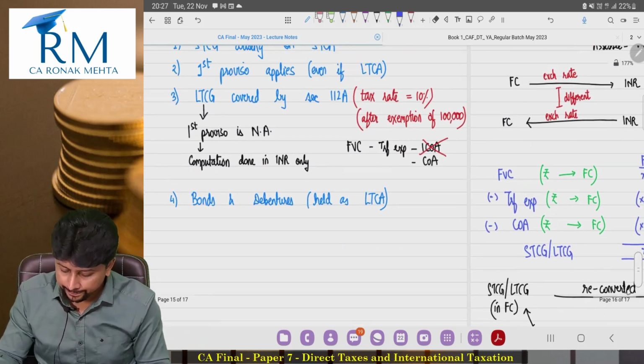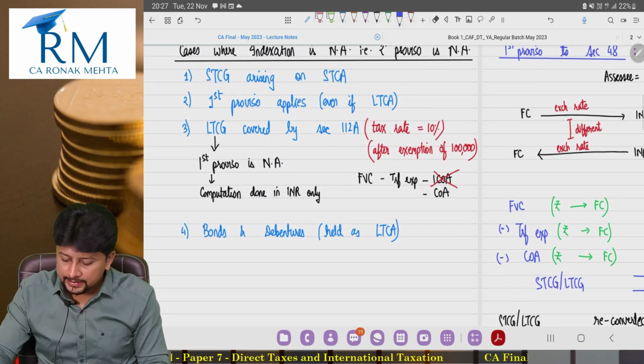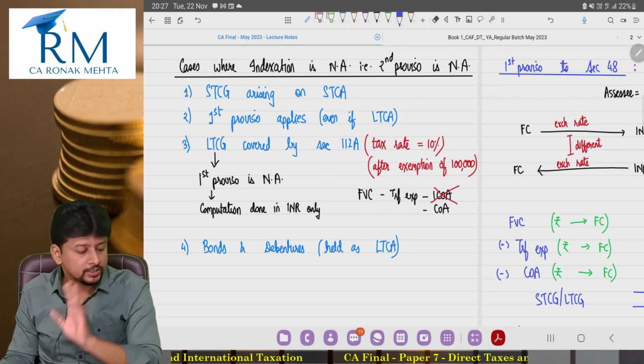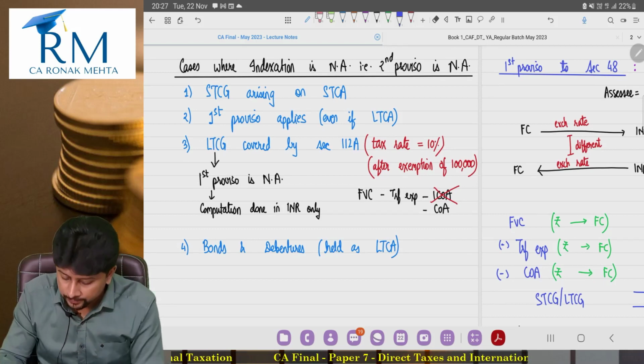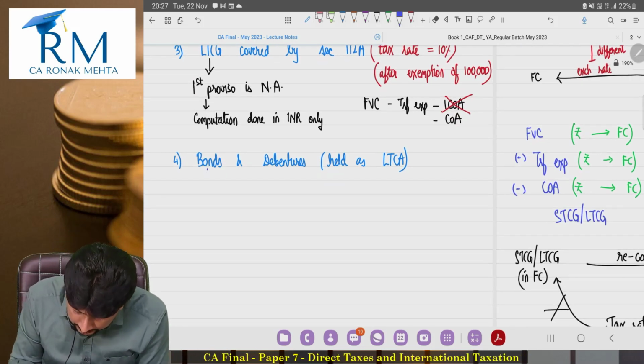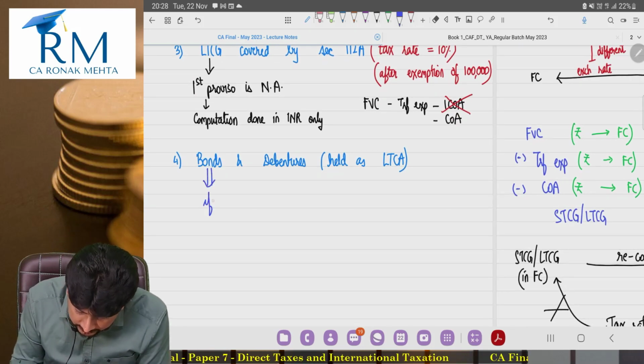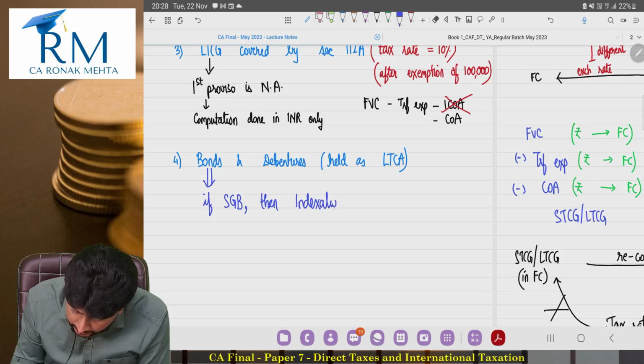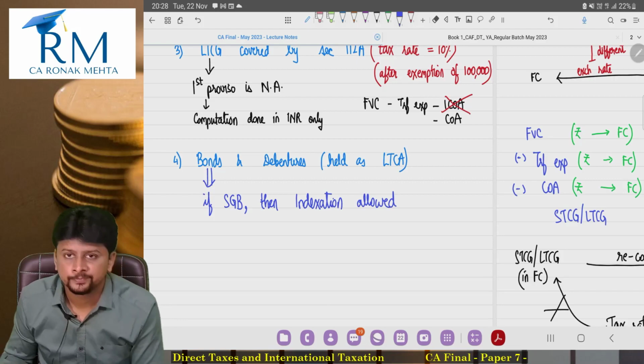So, in cases where indexation is not available, the second proviso does not apply. Bonds and debentures held as long term, but in simple words, if this bond is a sovereign gold bond, then indexation is allowed, pretty much like indexation would be allowed for physical gold.